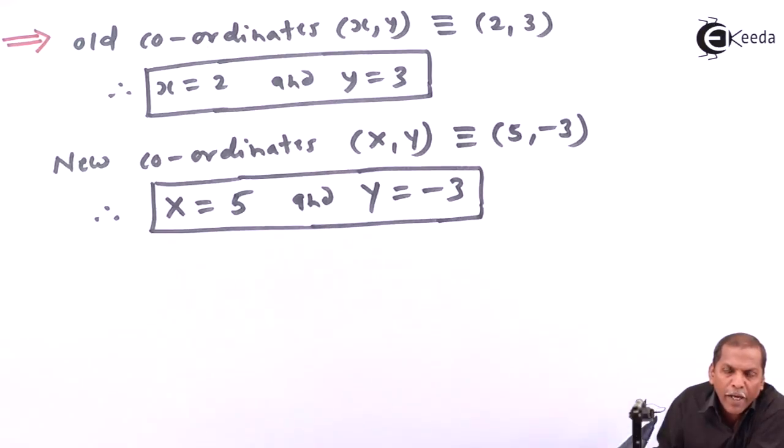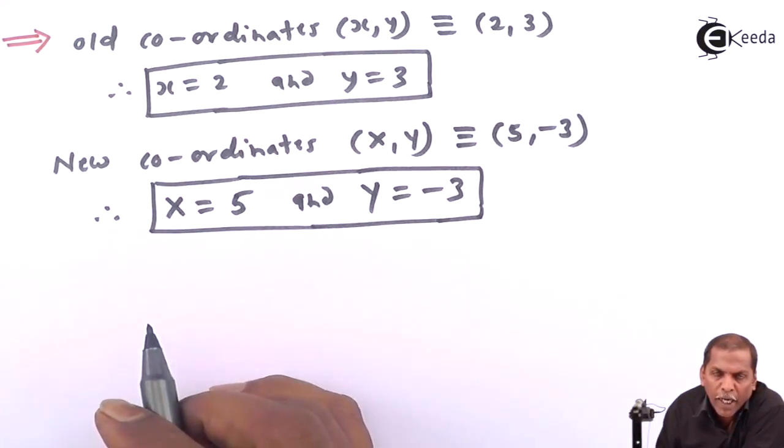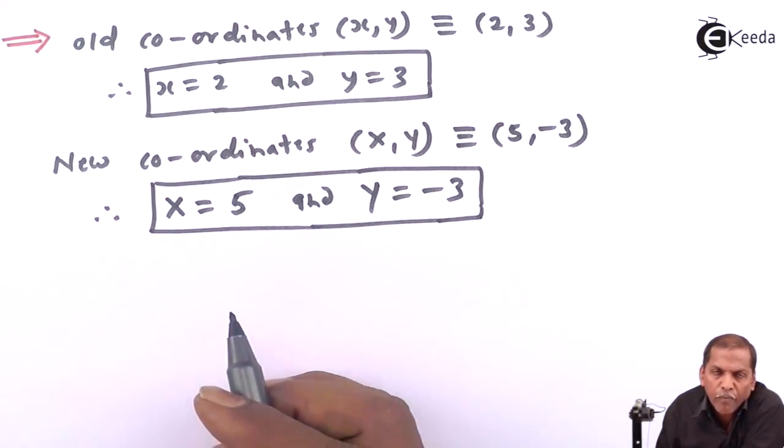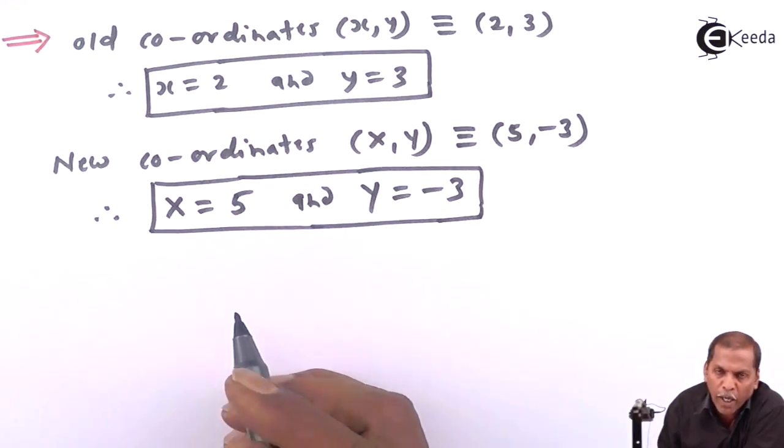Now we have to find the shift of origin, that is (H, K) equal to question mark.